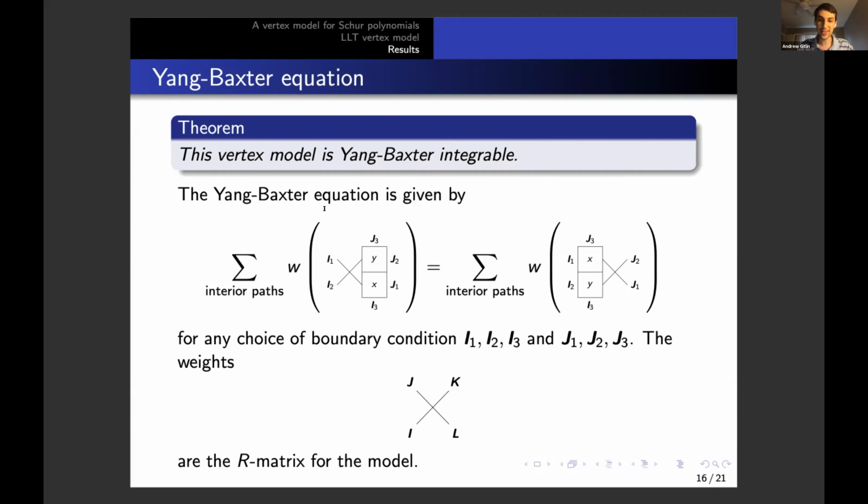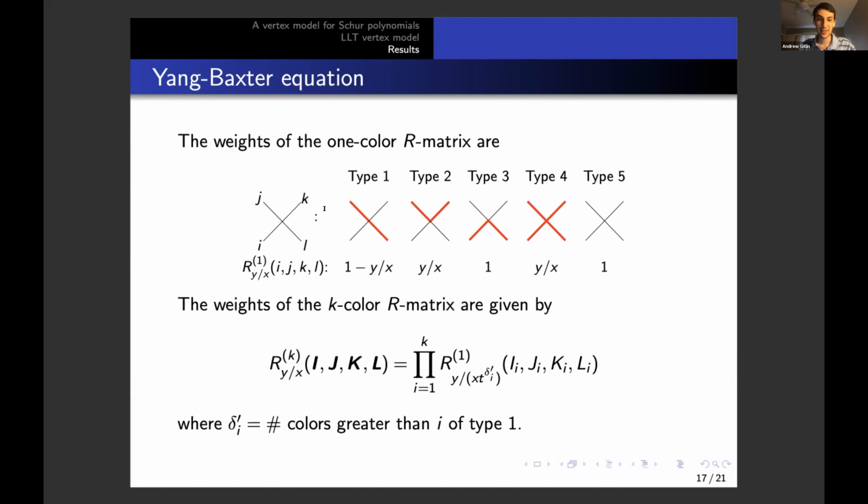Okay, what is this cross? So this cross has weights given by these things. And when there's more than one color, I just replace an x with x times t to the delta, where delta is the number of colors greater than that color of type 1. So the number of larger colors that go diagonally down.